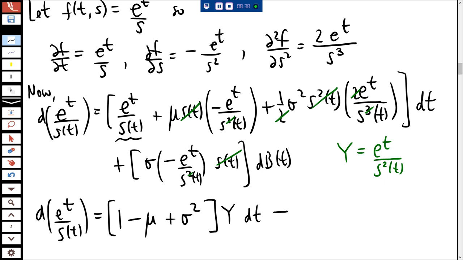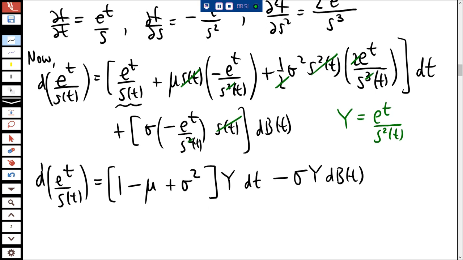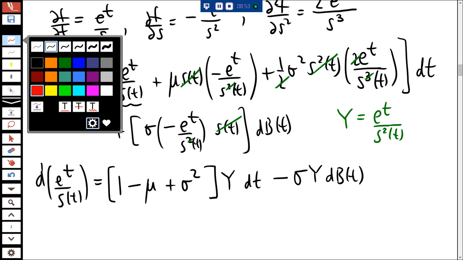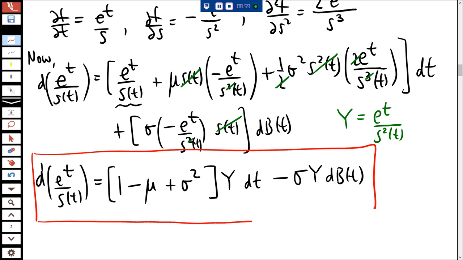Okay, there's a minus coming out there: sigma, y, and dB. And there we go, there's our final answer. So let's just put it in a box so it stands out. And there we go, that completes the question.